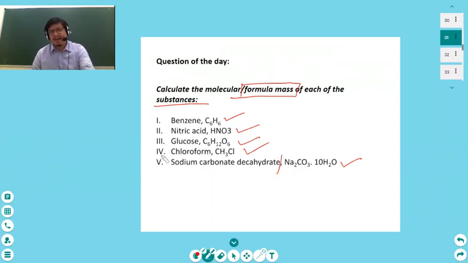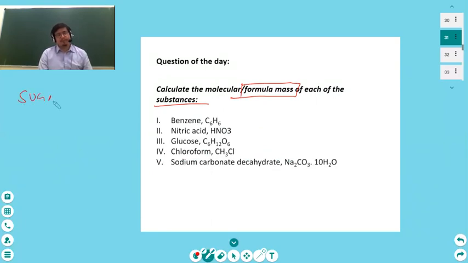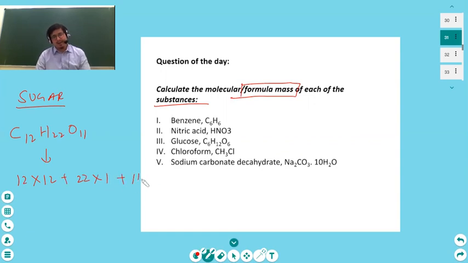Okay, at last, I will do one more for you, so that it becomes crystal clear. Suppose I take sugar. What is the formula of sugar? C12H22O11. That's right. So 12 into 12 carbon, 22 into 1 hydrogen, and 11 into 16 oxygen. 12 into 12, how much? 144.